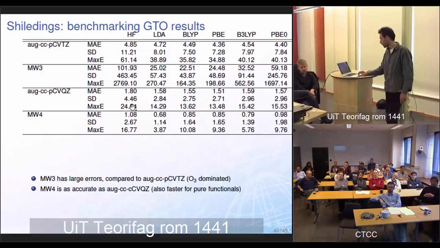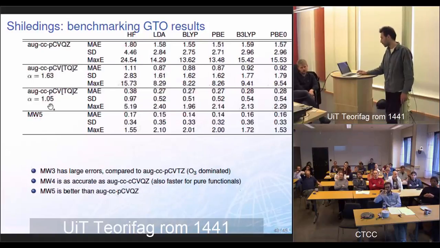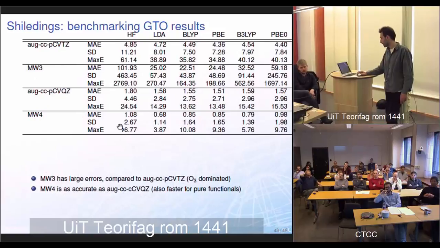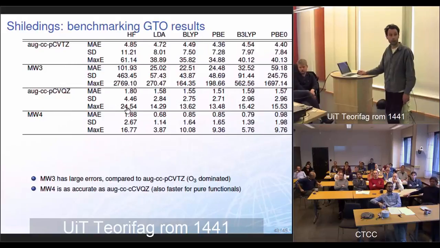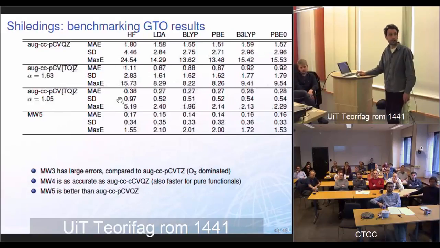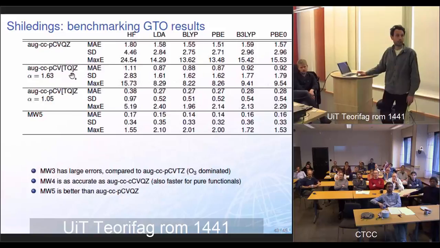These are the errors of augmented quadruple zeta, so the order of 2 ppm with some outliers that are of the order of 20 ppm. MW4, which is the one better than quadruple zeta, is, you see, you have consistently smaller numbers here than you have for quadruple zeta.